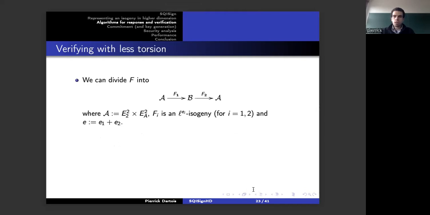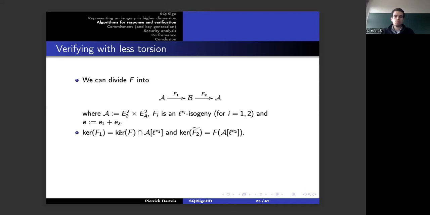So now we have just the basics of our verification algorithm, but let's introduce an important optimization for compactness, which is just dividing the computation of the higher dimensional isogeny in two. Let's say that F is the product of F1, which is an L^E1 isogeny, and F2, which is an L^E2 isogeny.